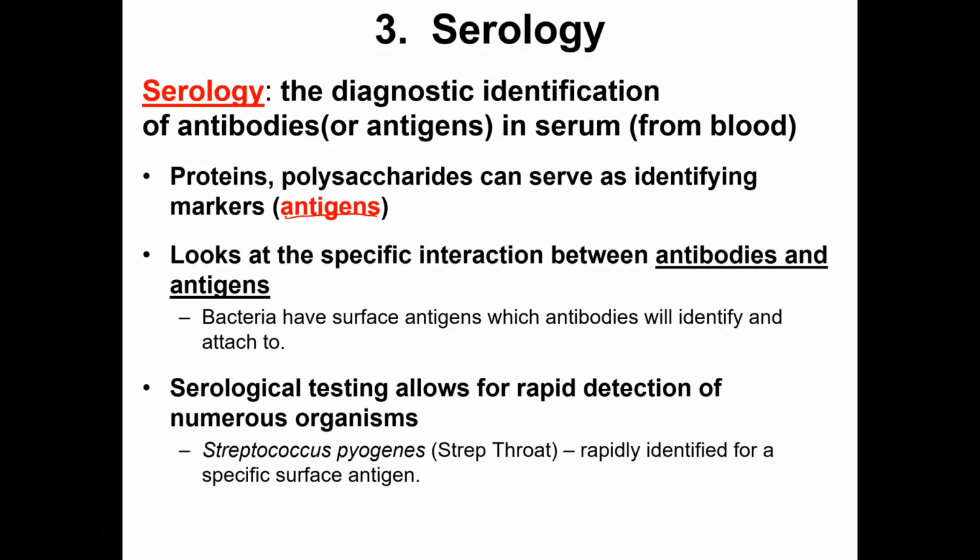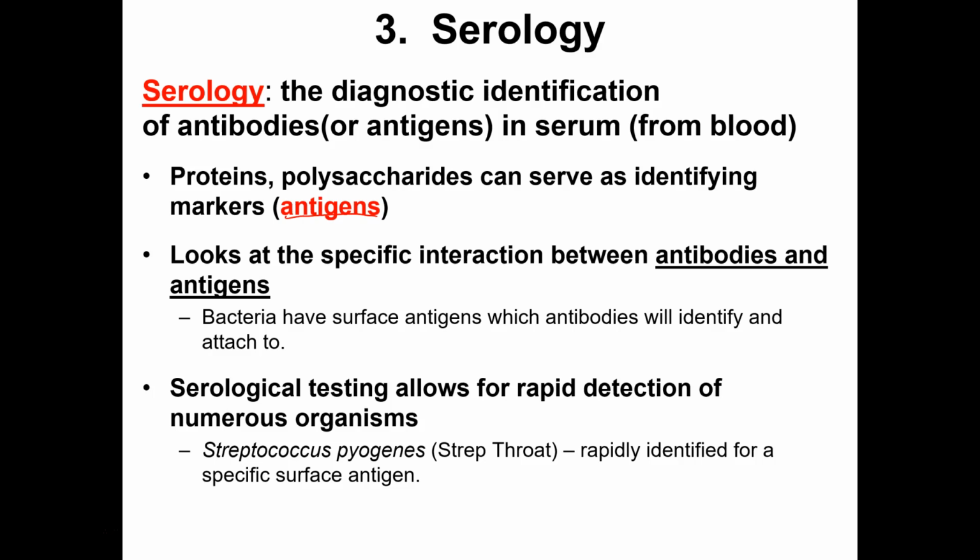So in serological testing, we're looking for either antigens or antibodies because antibodies and antigens interact. They bind to each other. When you're sick with an infection, you make antibodies that bind to and target that pathogen, and only that pathogen. So when you're sick, you'll either have antigens from that pathogen in your bloodstream, or you'll have antibodies specific for that pathogen in your bloodstream.